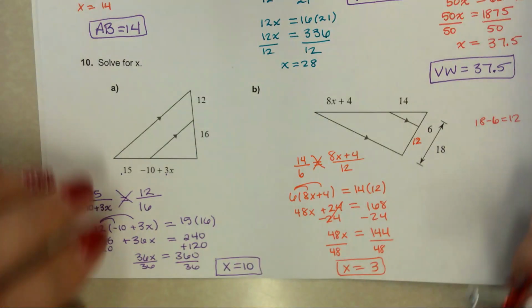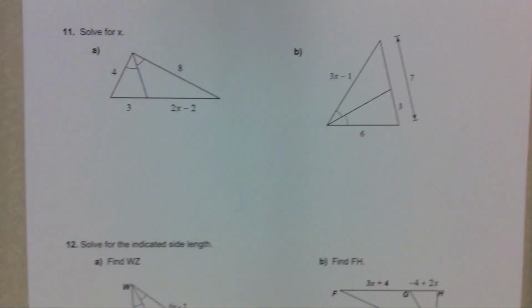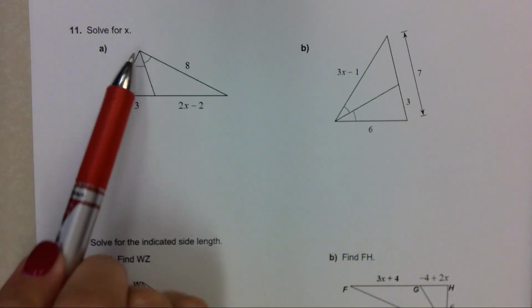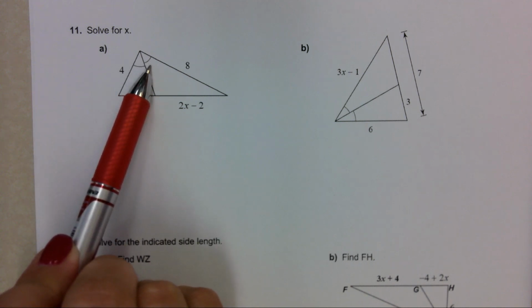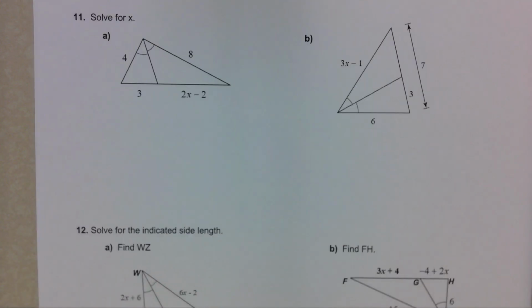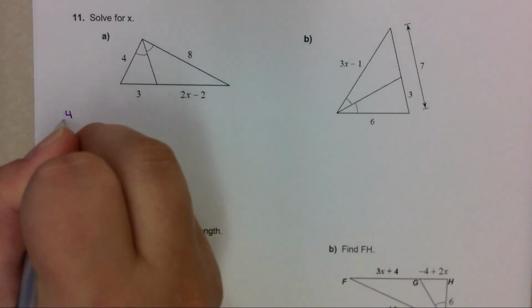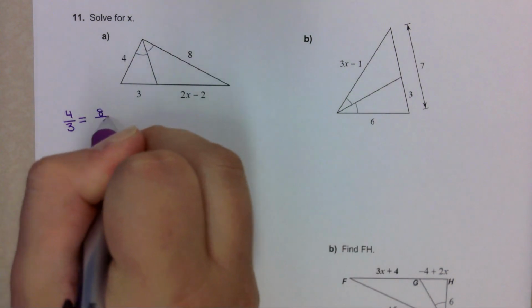All right, and our last page. So for these we have some angle bisector theorem problems, where again, because this segment is the angle bisector, cutting this angle in half into two congruent angles, that divides my triangle proportionally. So we can set up proportions to solve for x. So for 11a, I'm going to set up the proportion 4 over 3 equals 8 over x minus 2.